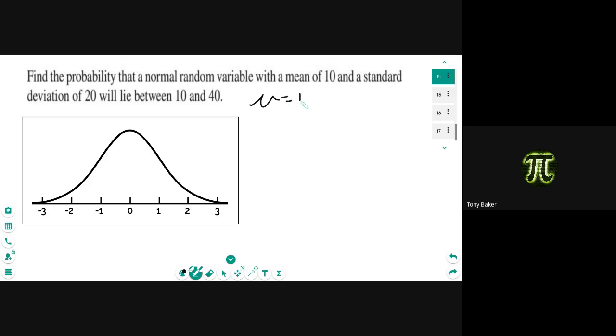So my mean is 20, and the values I'm looking for are 10 and 40, right? So if x is 10, my z is 10 minus 10 divided by 20, right? I'm looking between 10 and 40.